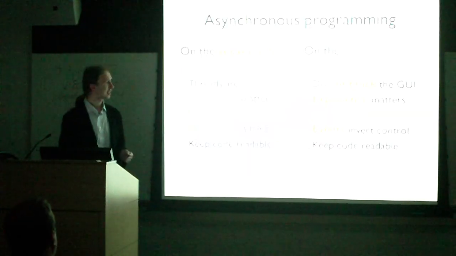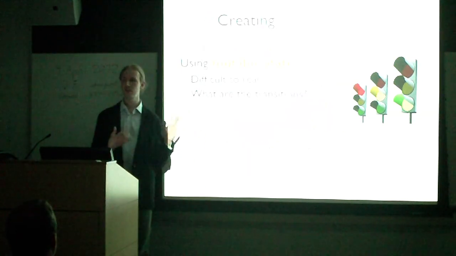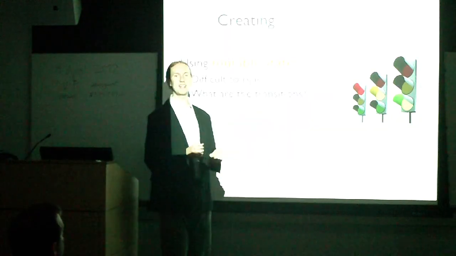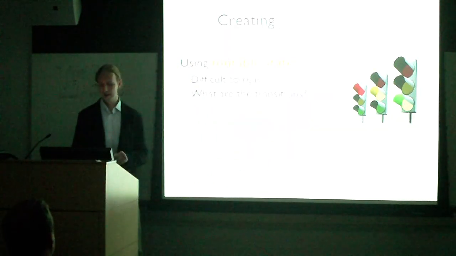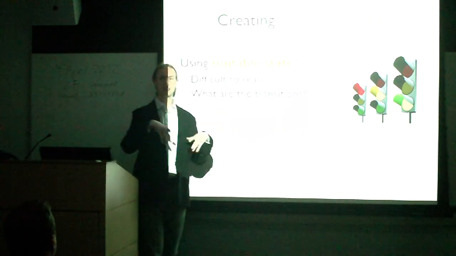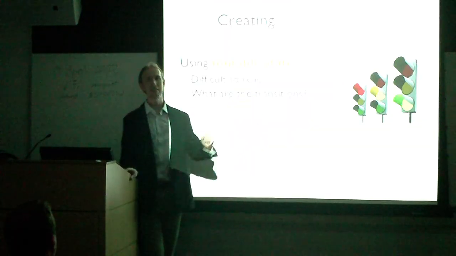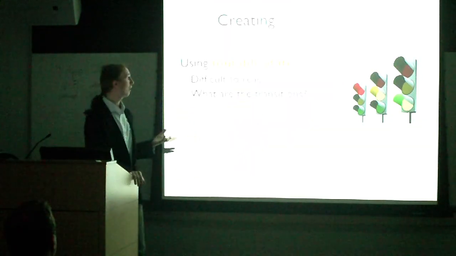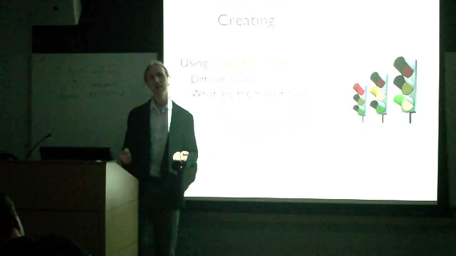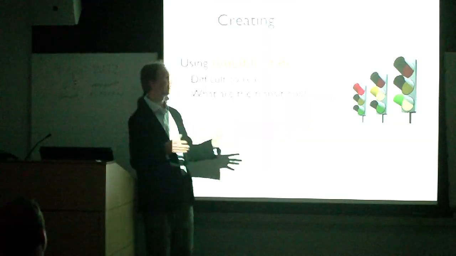So I'll have some examples. Just to start with the toy example, let's say you want to control traffic lights from F#, and we want to write a controller, maybe some application that when you click, it will go to the next state. If you were writing this in C# using events, then you'd probably have to create some mutable state to represent the current color.